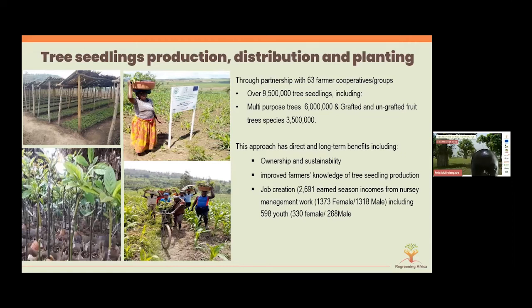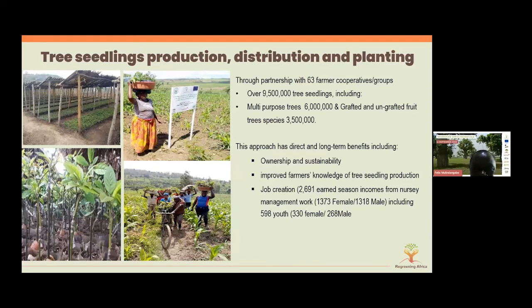We've seen seedlings produced over the last 4 years accumulating to 9,500,000 seedlings, including multi-purpose trees amounting up to 6 million, and grafted and non-grafted fruit trees equaling 3,500,000. This approach has brought many direct and long-term benefits because it has improved farmers' knowledge and seedling production.